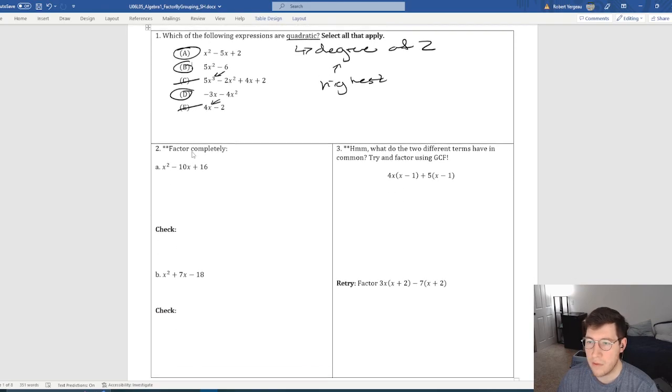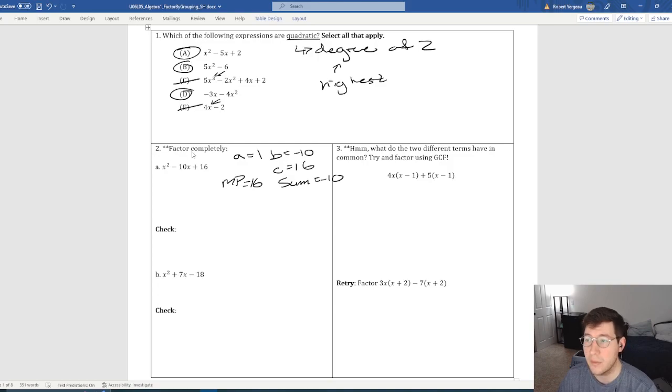Taking a look down at 2a, first thing we want to do is write out our a, b, and c values. We have that a is 1, b is negative 10, and c is 16, which means that my master product is going to be 16, right? We have a times c, 1 times 16, and then our sum is negative 10. Now, remember that when our master product is positive, we know the signs have to match.